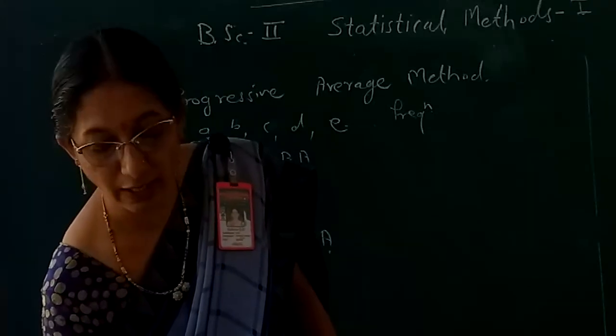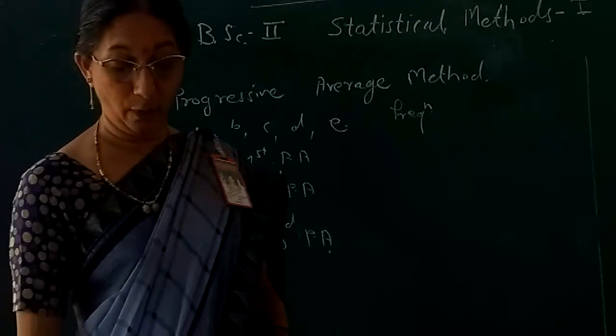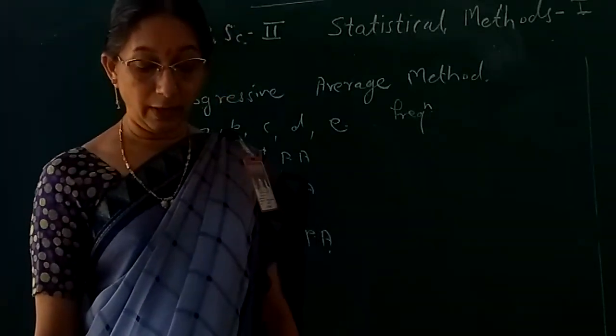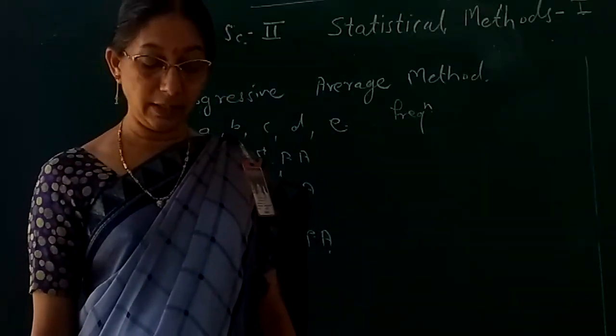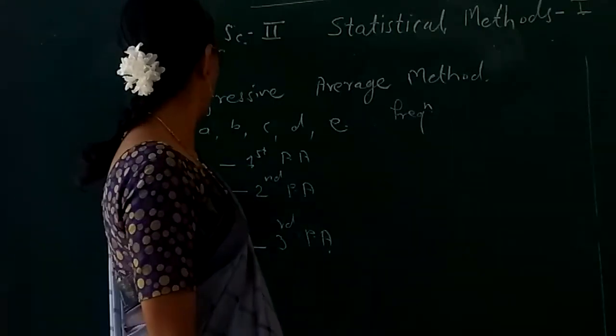This method is called the progressive average. To calculate the progressive average, we calculate relative frequencies successively and divide the sum by 1.